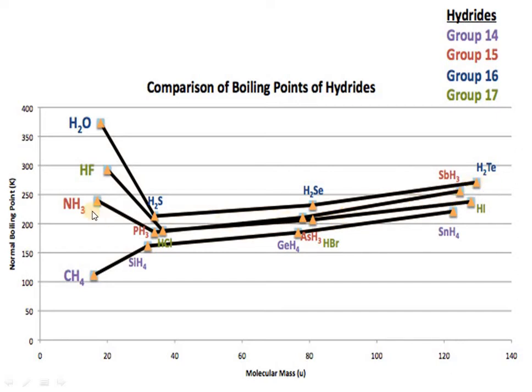Now as you see, from phosphine onwards the trend is in the upward direction, means as the atomic size increases, the boiling point increases. But what about ammonia? Why is it abnormal? Because ammonia can undergo intermolecular hydrogen bonding, which leads to association. Association means boiling point will increase.